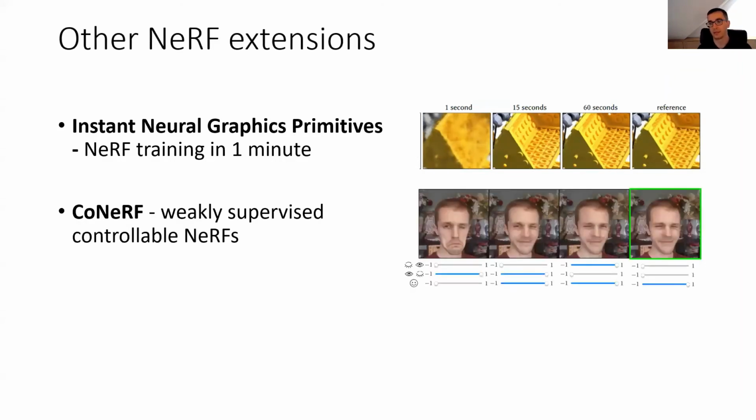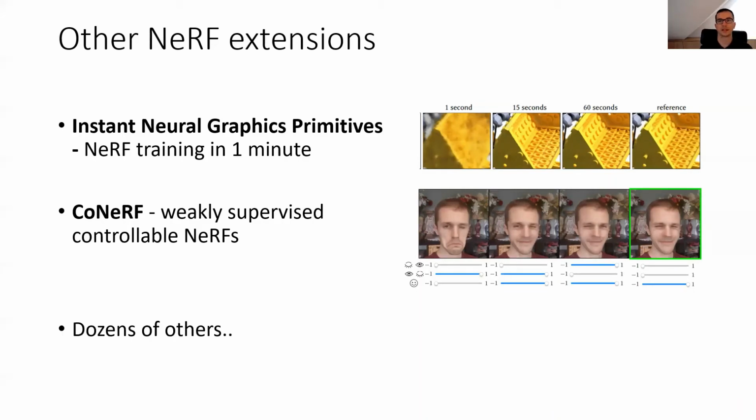This is a paper co-authored by me and mostly written by a PhD student at the Warsaw University of Technology, Kacper Kania. In this paper, we show that we can produce a controllable NeRF with very weak supervision, allowing us to modify some aspects of the scene with only a few labels.